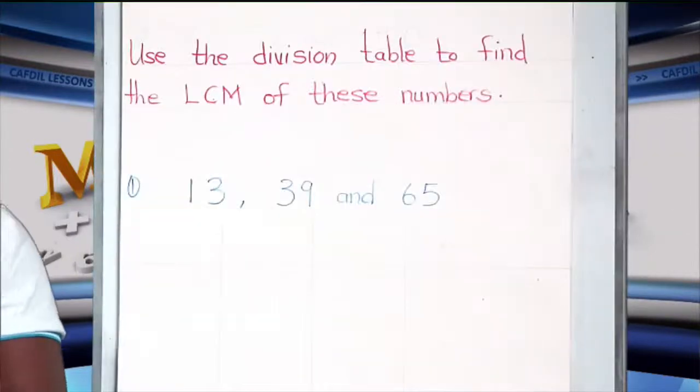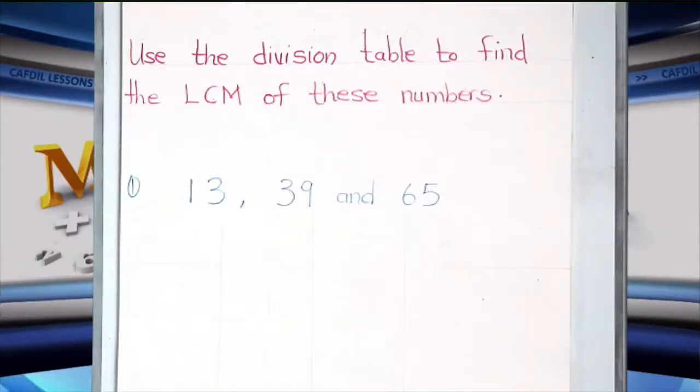This time, after dividing all the numbers, we will multiply all the divisors, and their product becomes the LCM of those numbers. Just stay tuned and watch me do it.